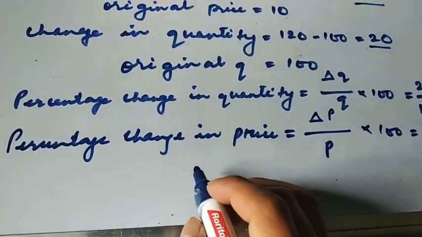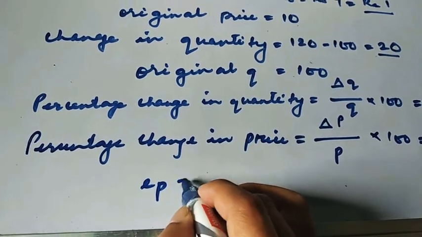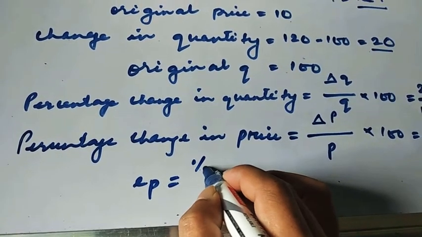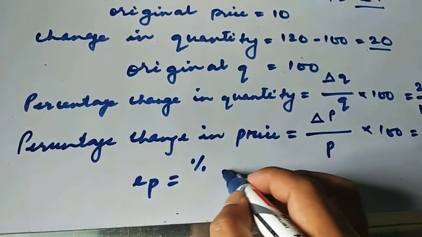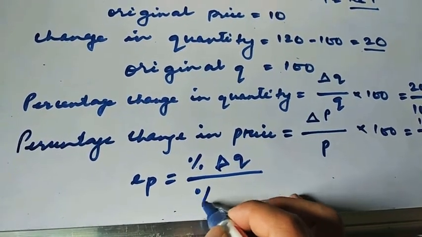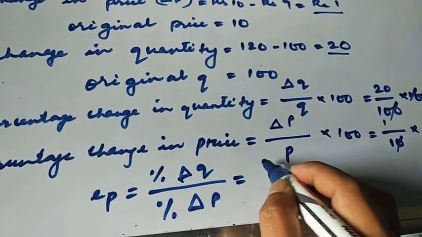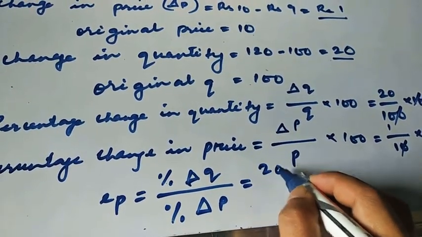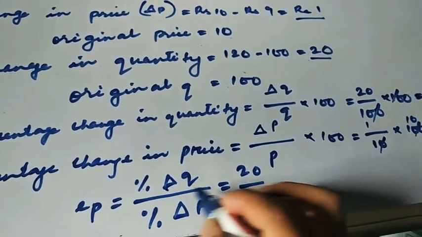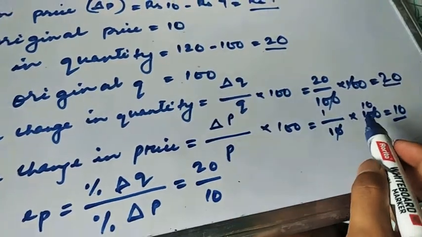So the formula for price elasticity is given by percentage change in Q divided by percentage change in price, which is equal to 20 by 10, because percentage change in Q is 20 and percentage change in price is 10.